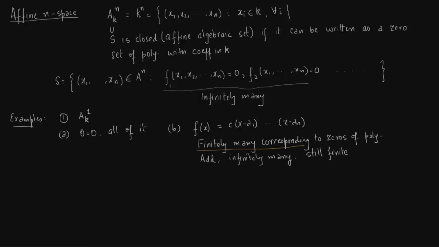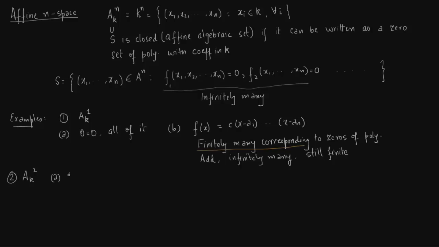So let us now come to A2, that is the affine plane. I've told you before, you can also think of it as a picture over the complex plane, C2.